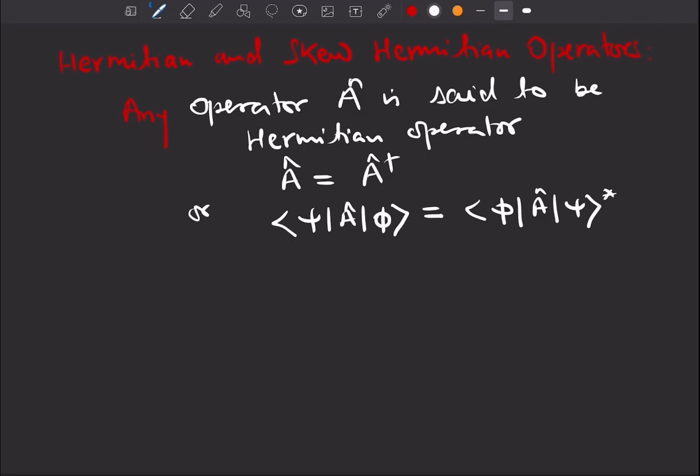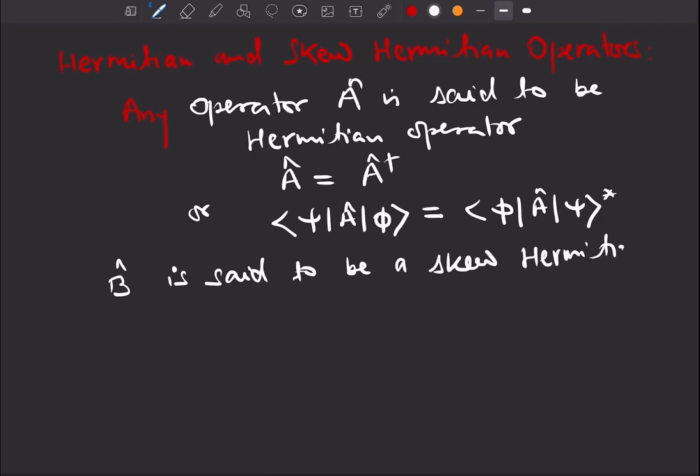On the other hand, any operator B is said to be a skew Hermitian operator if it is not equal to its adjoint, that is B dagger is not equal to B, but it is equal to the negative.